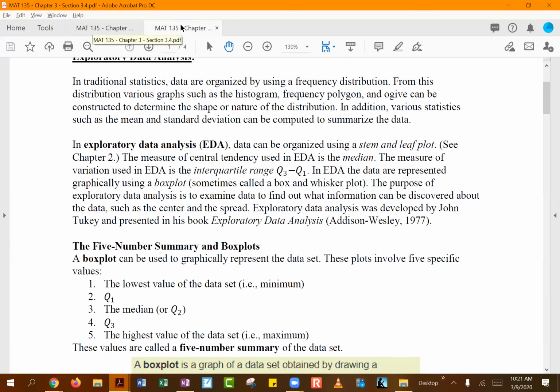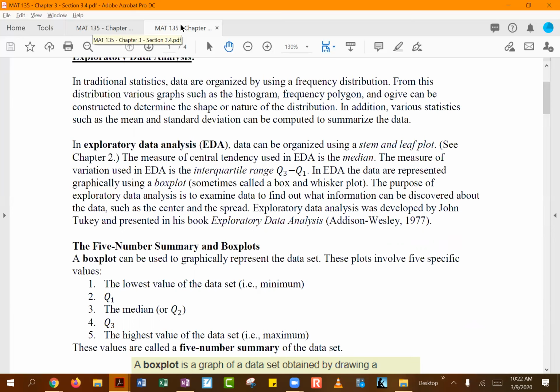We did that in our previous section. When you're talking about EDA, exploratory data analysis, we use the median as our calculation for central tendency. You're using the interquartile range that we just talked about. Remember how we said outliers do not affect these calculations. They are your resistant statistics. So those are the values we're using in EDA.